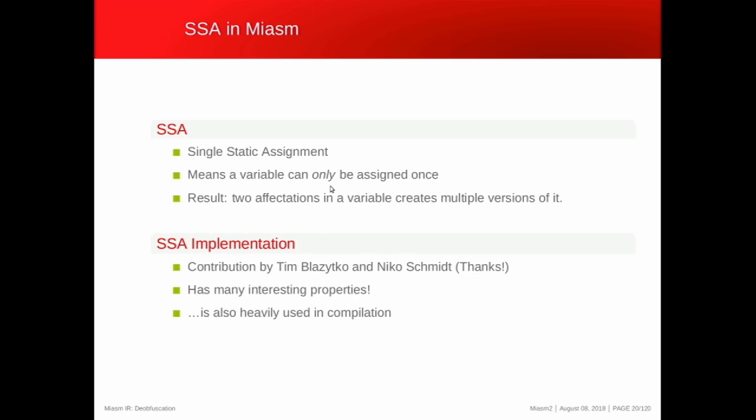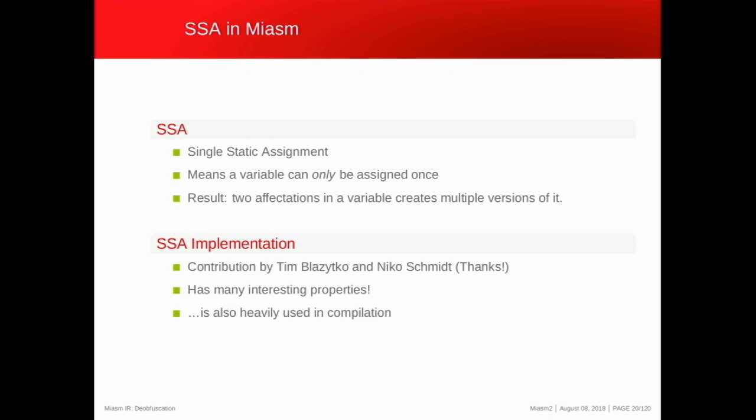In fact, it's very common in compilation to use this transformation in order to simplify code. It has a very interesting property: each register can be assigned only once, so you have multiple versions of the same register. For example, you have EAX0, EAX1, EAX2, etc.